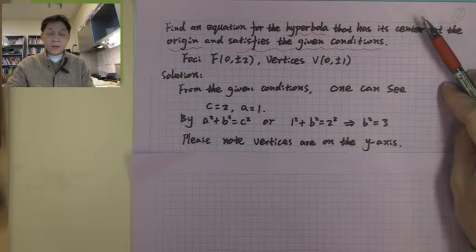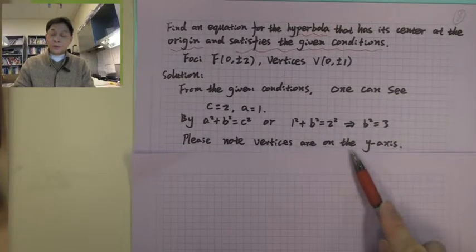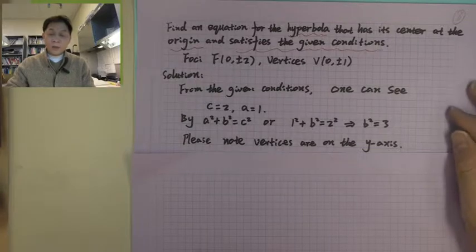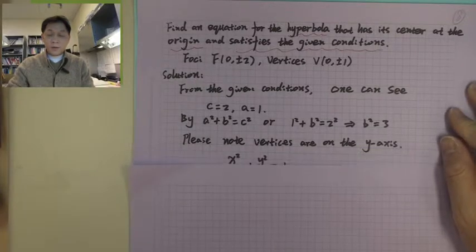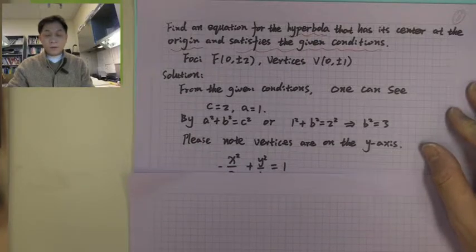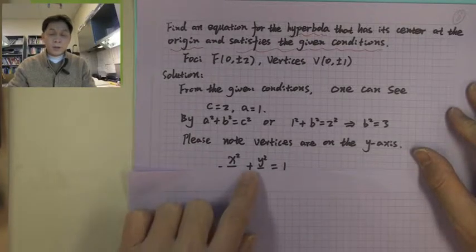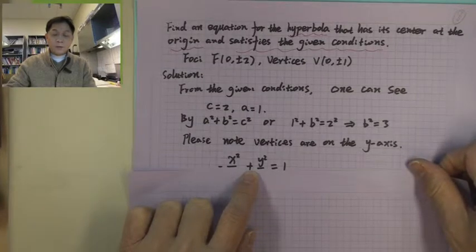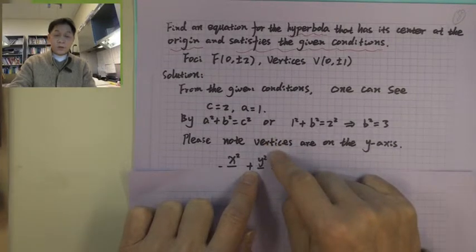Now, please note that the vertices are on the y-axis. So we should have a negative sign in front of x squared, and y squared is positive. Who is positive? a.